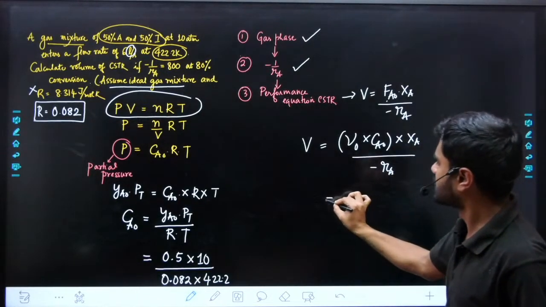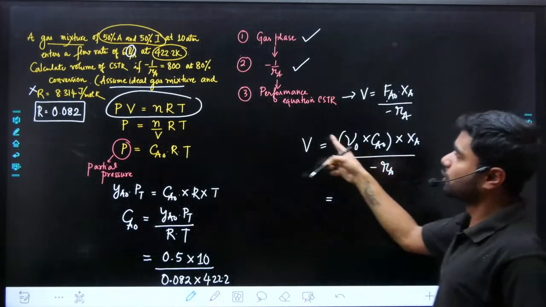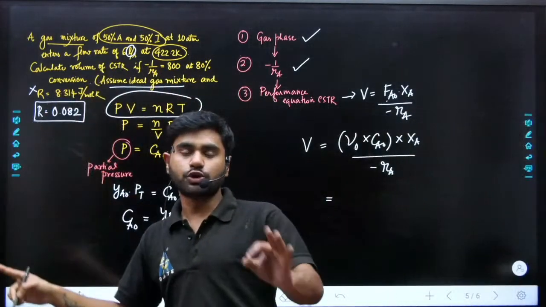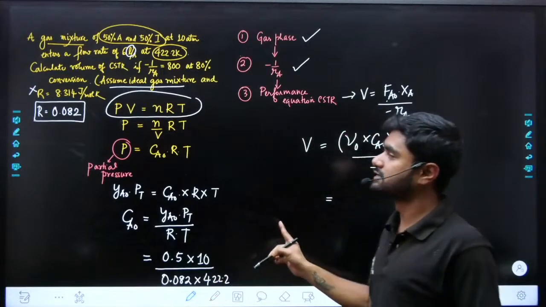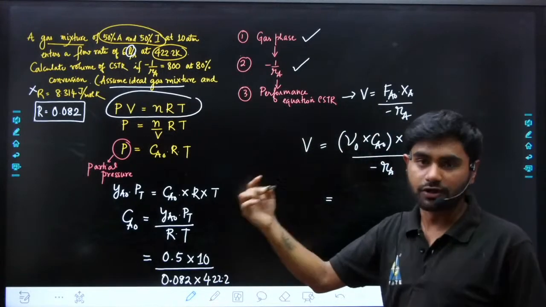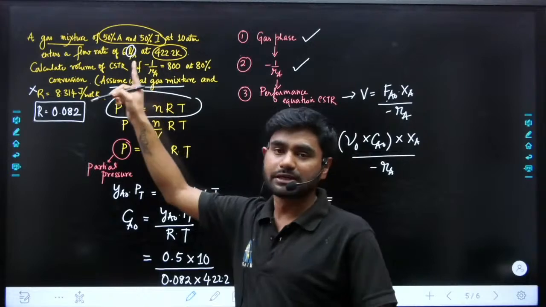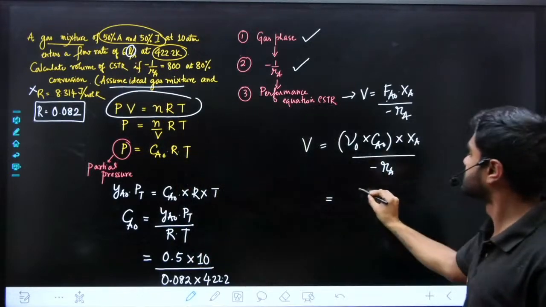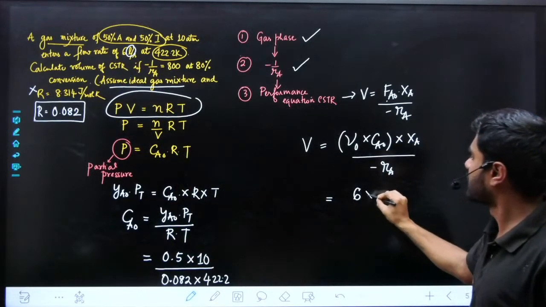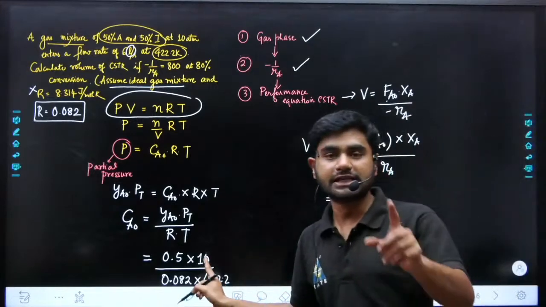I'm writing here the value of V naught, which is given as 6 liters per second. Do not change the values unless the units have been mentioned in a very different way. So we need to make sure the same thing is written. It is 6 liters per second, multiplied by the Ca naught value, which still needs to be calculated.